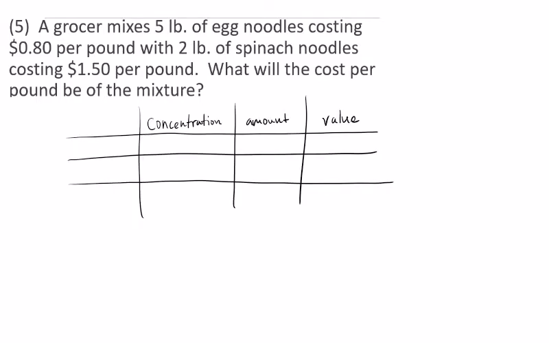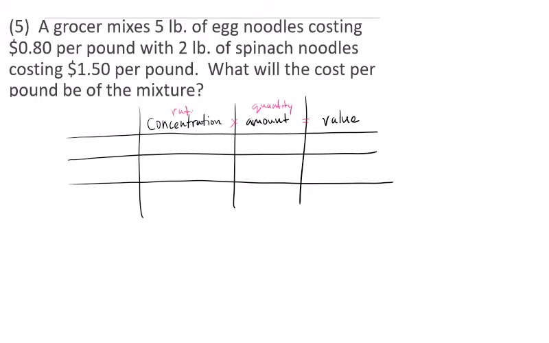All right, so we have concentration, amount, value. Remember, the relationship is we multiply concentration times amount to get value. Remember, sometimes amount can be thought of as quantity, and concentration sometimes can be thought about as rate, right?